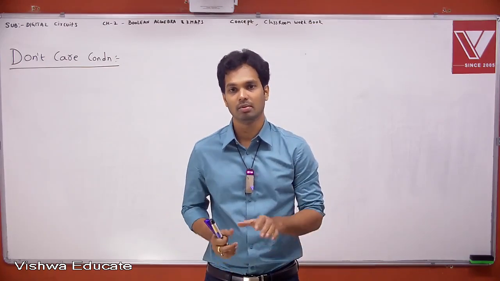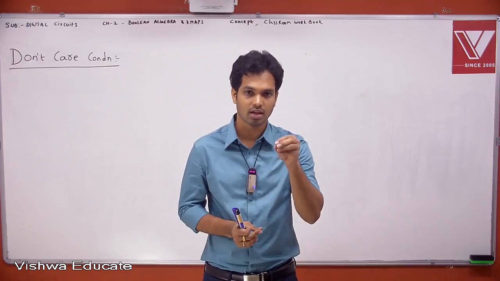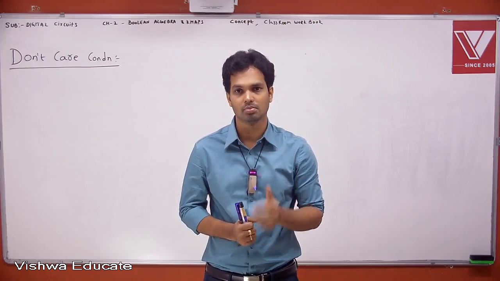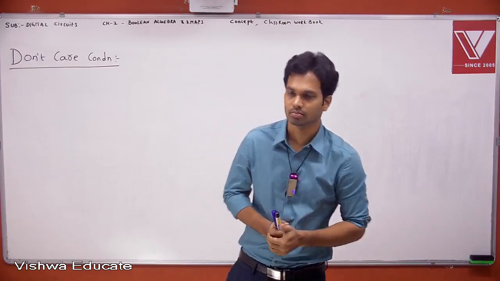I am not saying the maximum number of prime implicants. It is the maximum number of prime implicants in the output expression. Output expression is 2 power n minus 1.